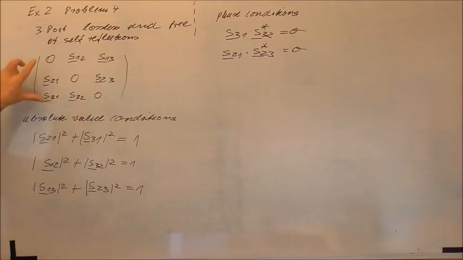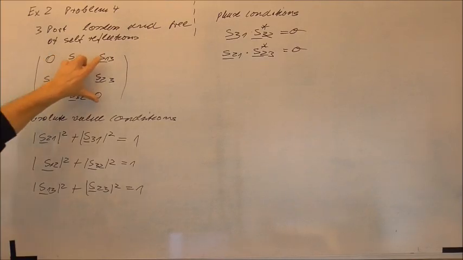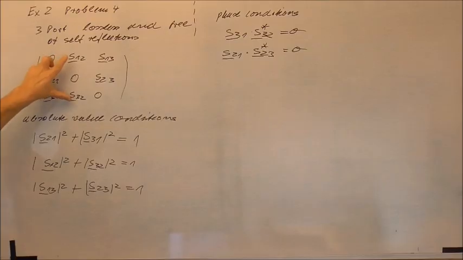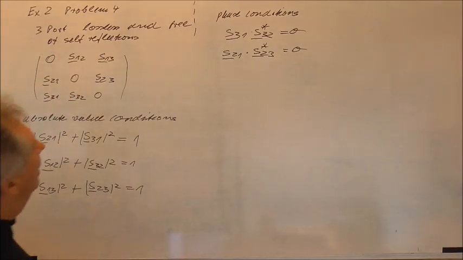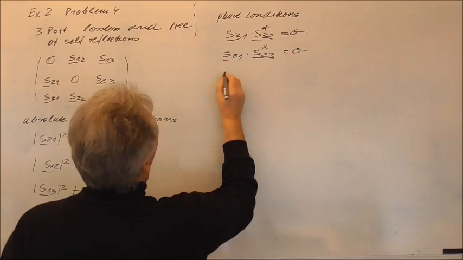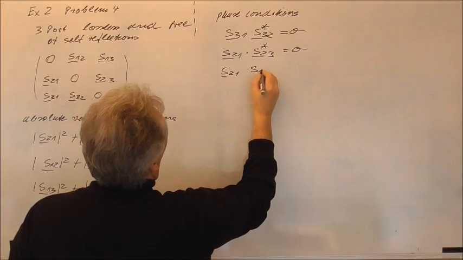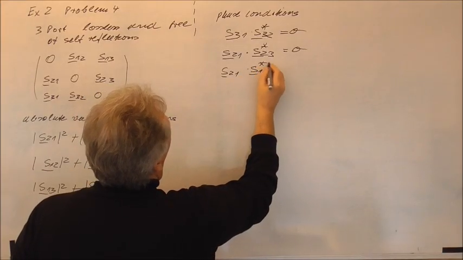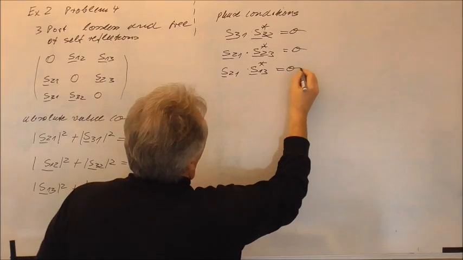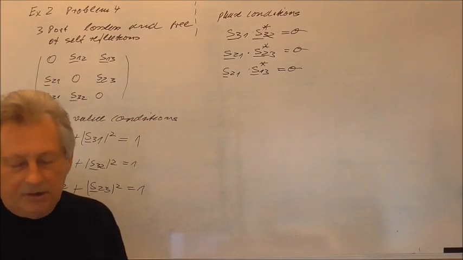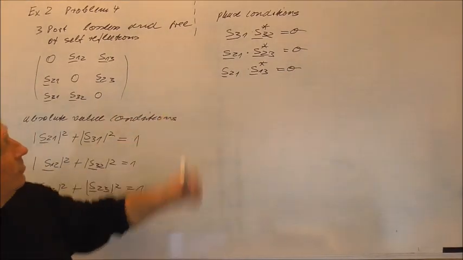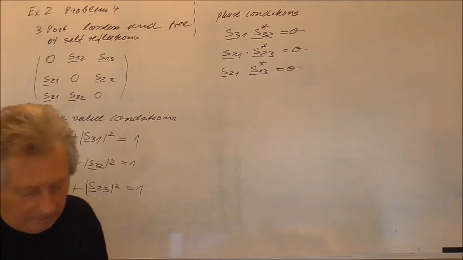And so we combine this column vector with this and this column vector with this, and now we have to combine these two, and this ends up only in S21 times S13 conjugate complex must be 0. So in this case the phase conditions become quite easy.